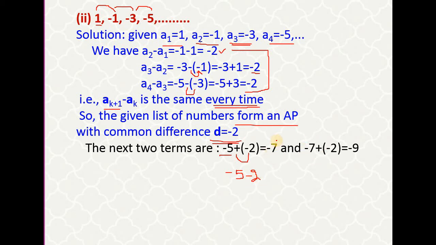Similarly, after getting minus 7, again add the common difference: minus 7 plus of minus 2, so minus 7 minus 2 is minus 9. So the next two terms in this arithmetic progression are minus 7 and minus 9 respectively.